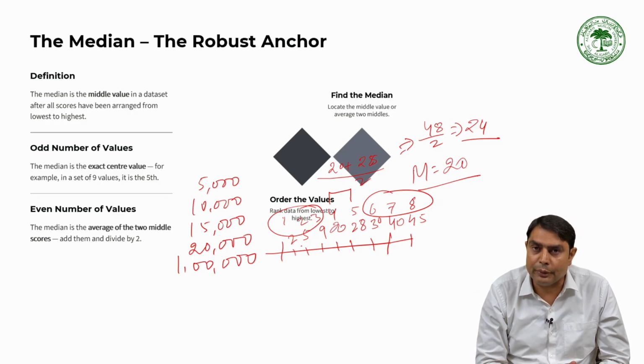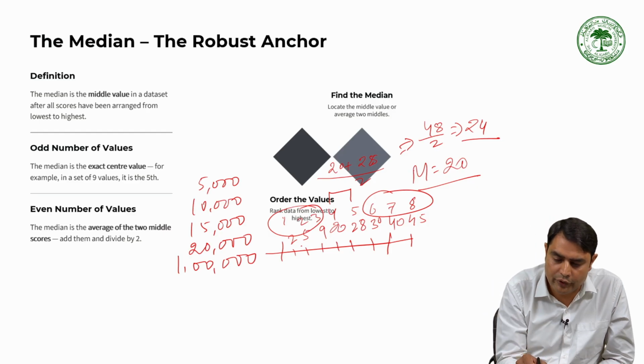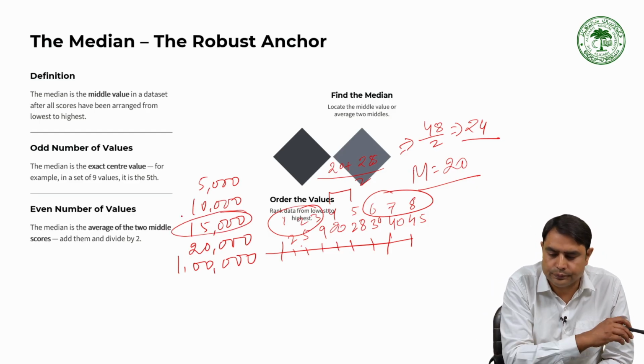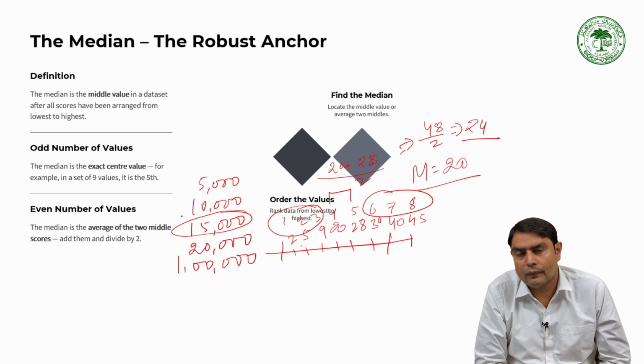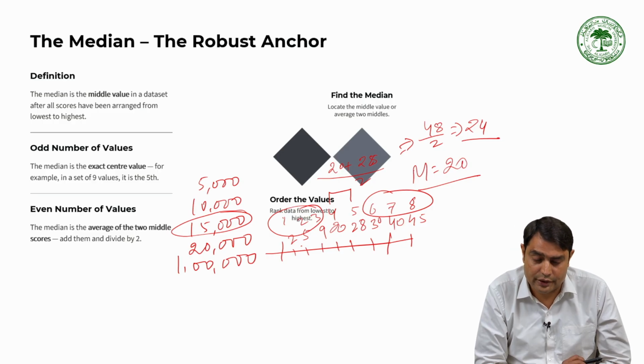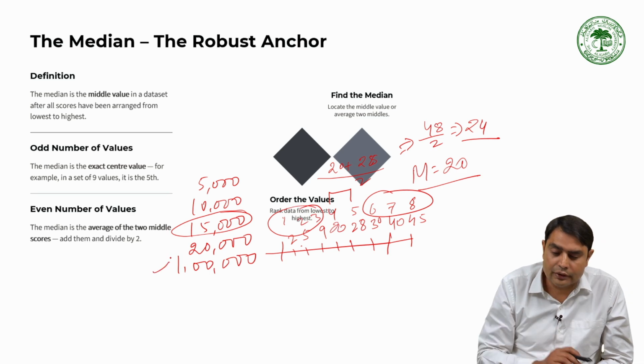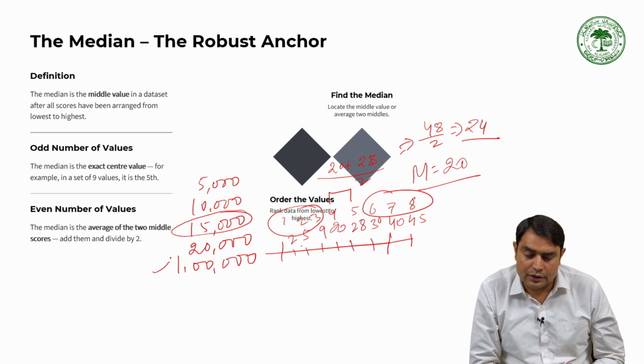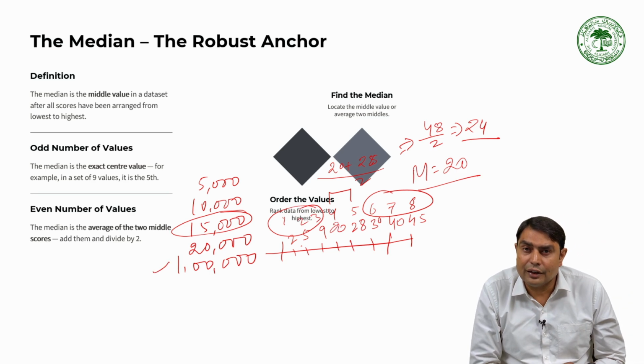Then I want to take the median value. So, which is my median value? 15,000, and that is not a very bad choice, because the outlier 1 lakh hasn't actually affected my middle choice, or central value, very badly, right.